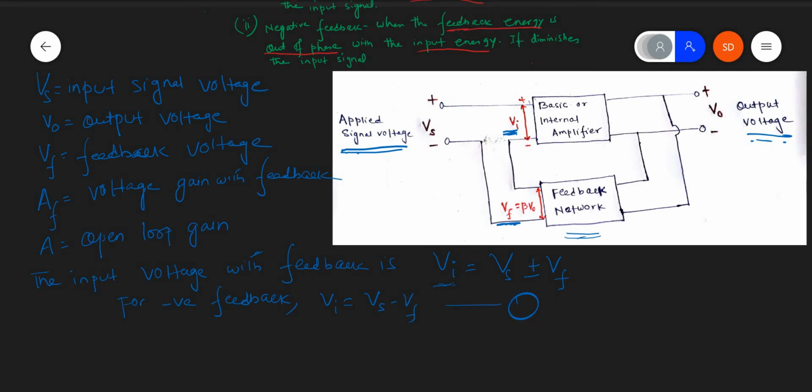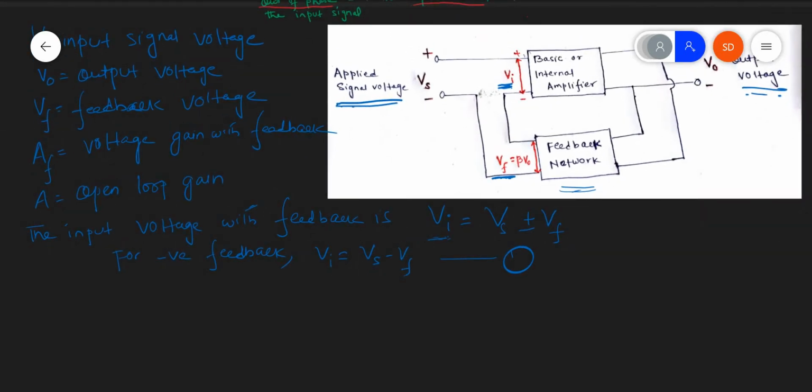This open loop gain A is given by V naught by Vi.